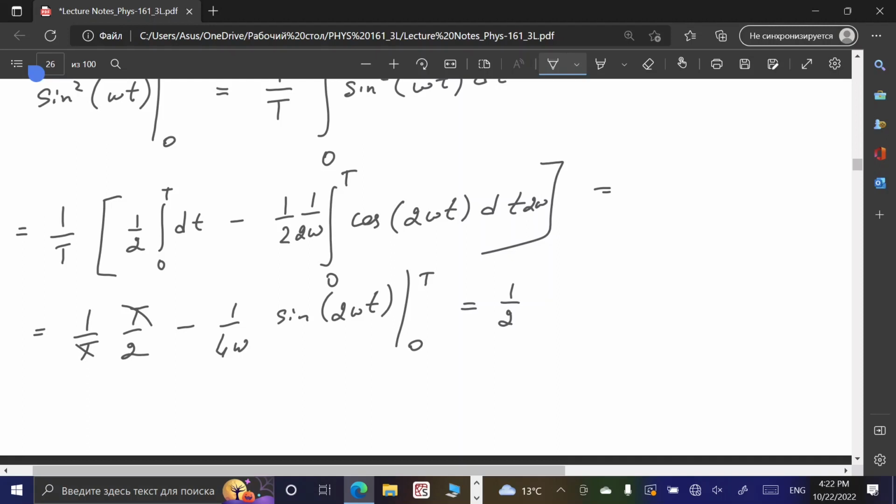And for the second term, we get minus 1 over 4 omega sine 2 omega times capital T. So tell me, please, what this will be equal to.